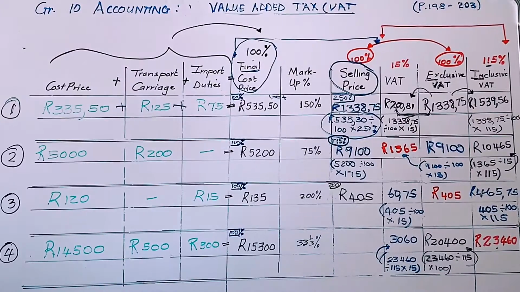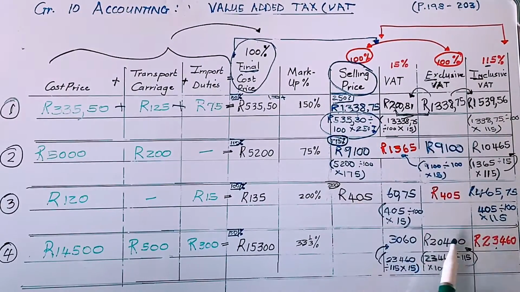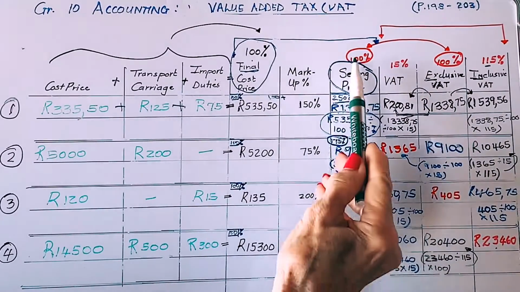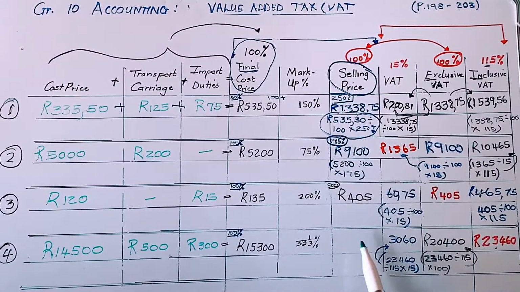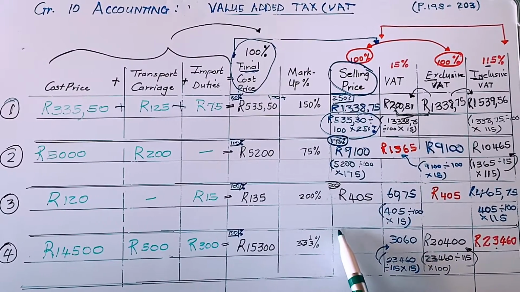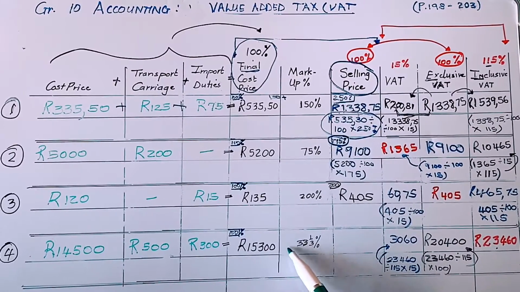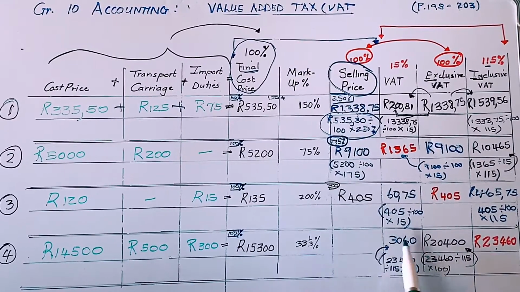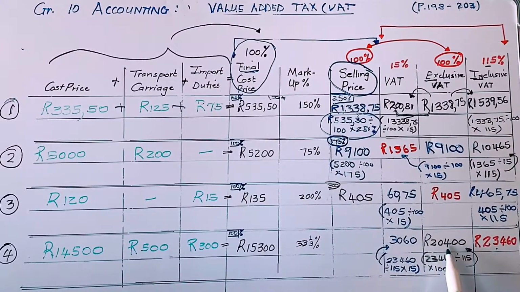And what did we say? We know right from the beginning the exclusive VAT amount is exactly the same amount as the selling price. However, the percentage value of selling price in this case will be 133,333, but the VAT percentage value will be 100.